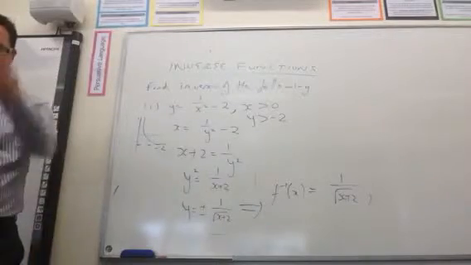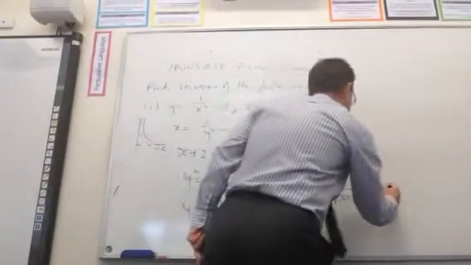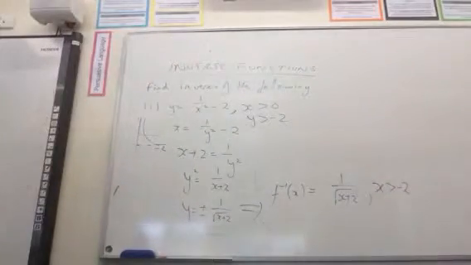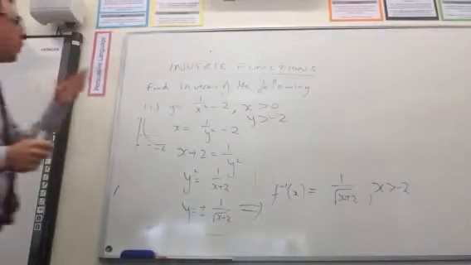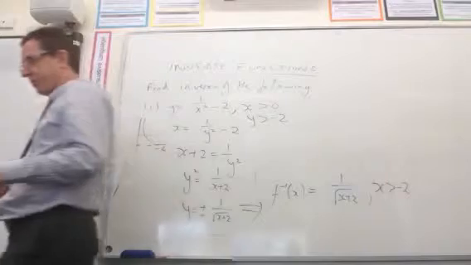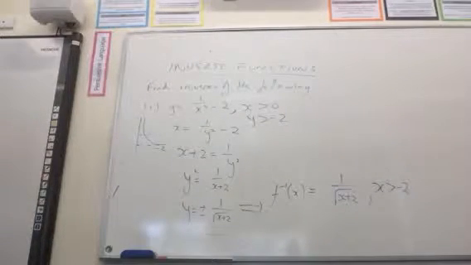Greater than minus 2. Yeah? Because what was my range is going to become my domain. And what was my domain is going to become my range. Does that help? Yeah. A lot so.